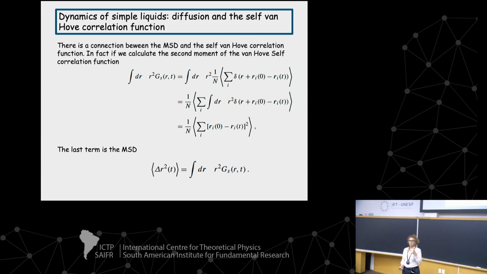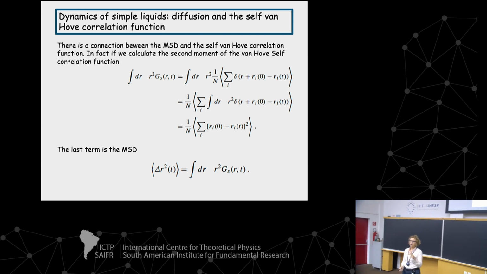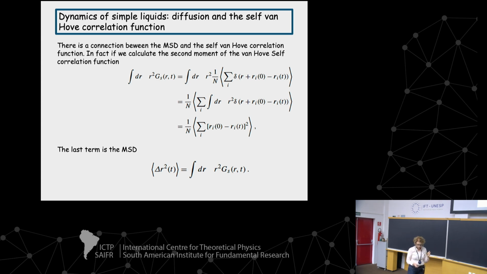The mean square displacement, the self-intermediate scattering function, the dynamic structure factor, they all tell the story of the Van Hove correlation function, of the density-density correlation function. And so we will always see the same dynamics through these correlations. But by looking at one or the other, you can get a bit more insight into the same dynamics.